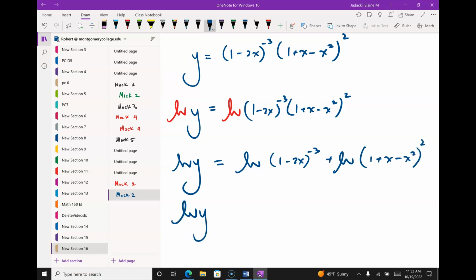And we're using the properties of the natural log from pre-calc class before we take our derivative.